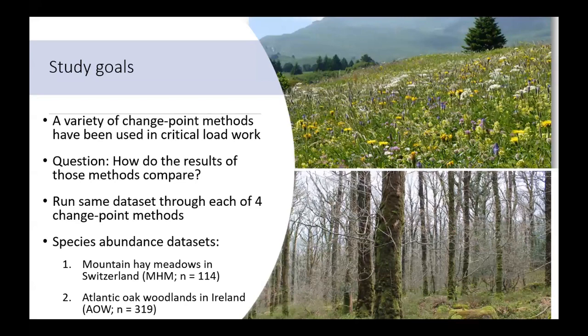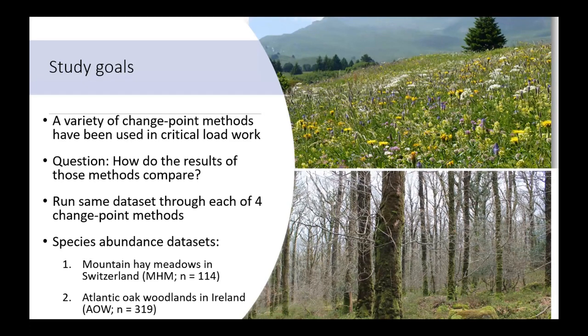Okay, and this leads us into our study. In our critical load work, we noticed that there were a bunch of different change point tools used to inform critical loads. So in other words, there's a lot of different statistical methods that can identify an environmental change point. So we saw that.